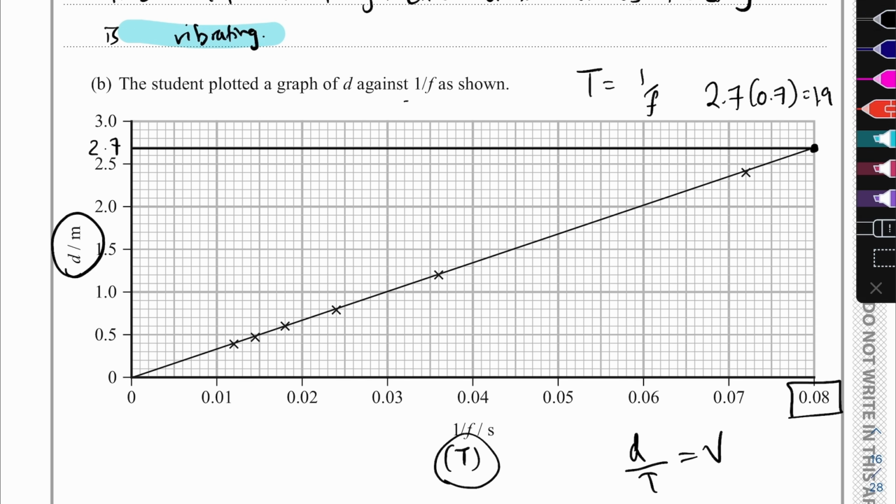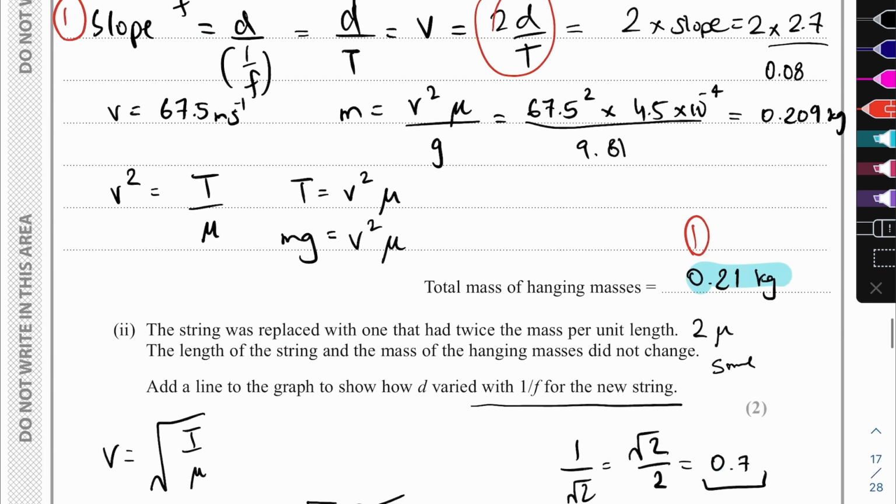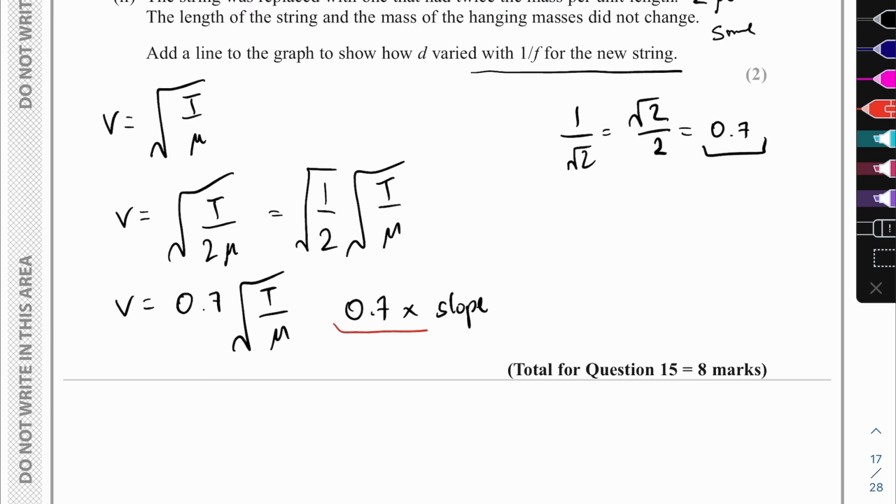So we now need to draw a line. So where's 1.9? This is 2, this is 1.9. So we draw a line from 0 all the way to this point. So this is why we're exact, and we should get both marks: 1 mark for the line and 1 mark for understanding that we need to use 0.7 of the slope.